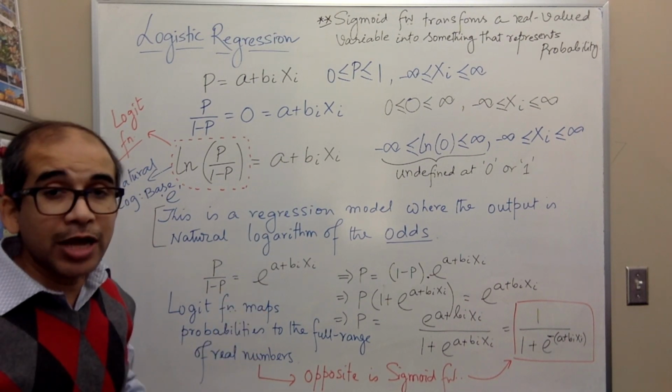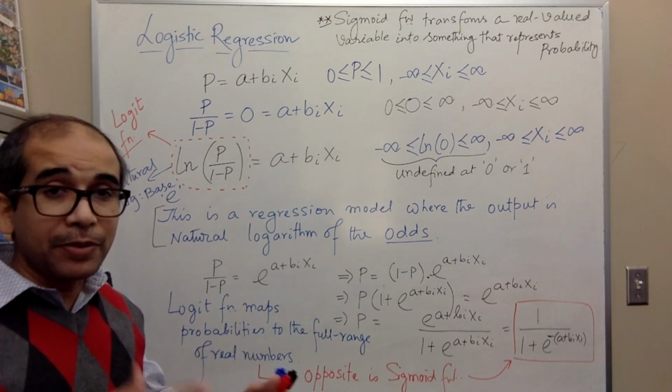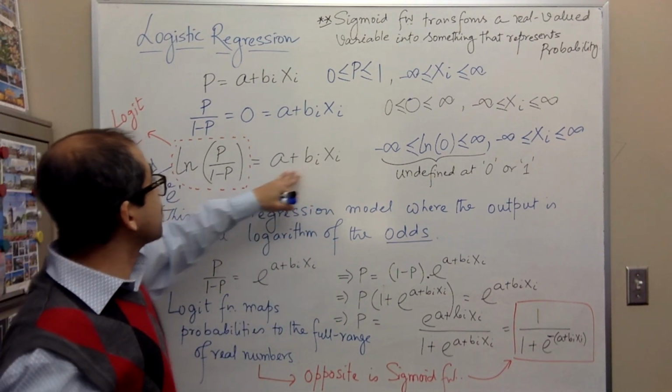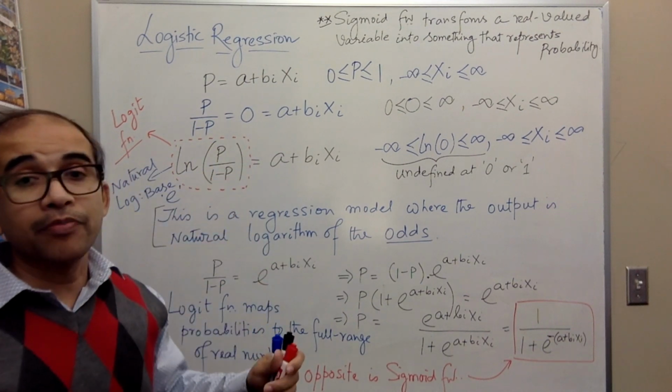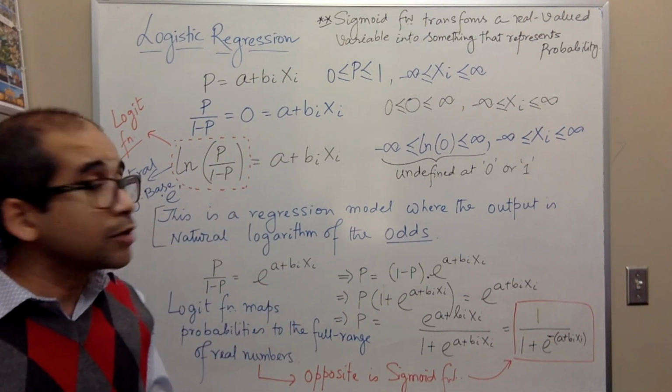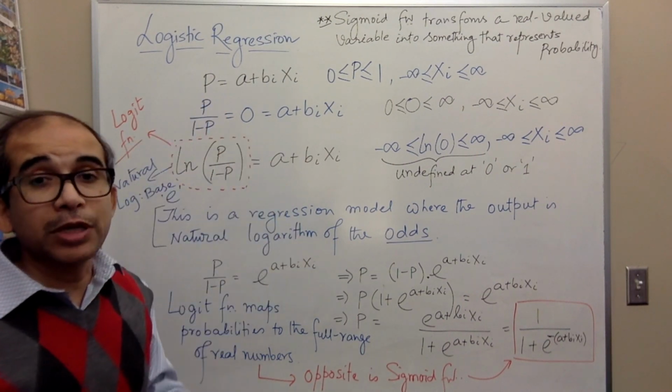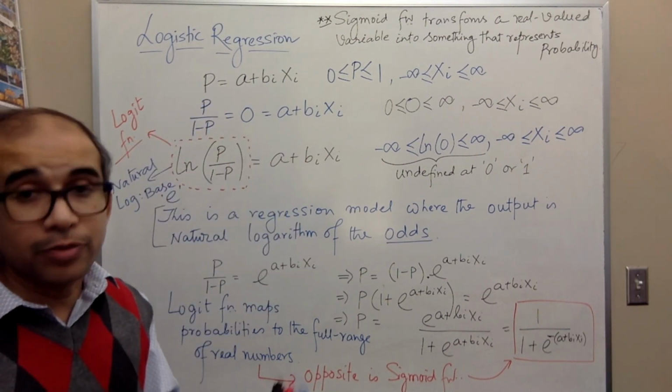So you see, initially we started to map it, and we said our line, when it predicts something, does not predict a categorical variable. Then we said, instead of just y, let's replace it with p, the probability, which varies from 0 to 1.